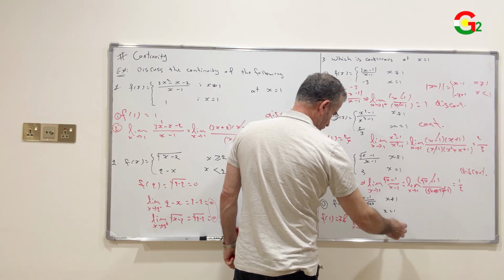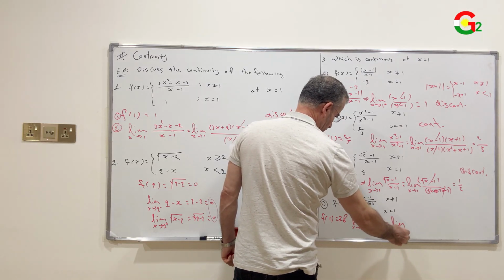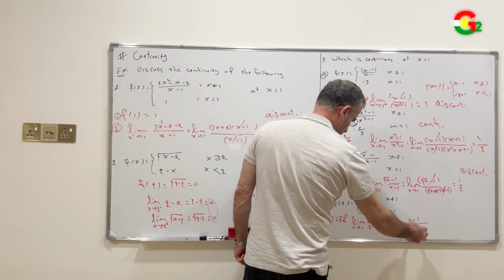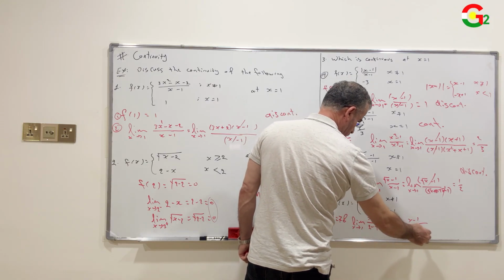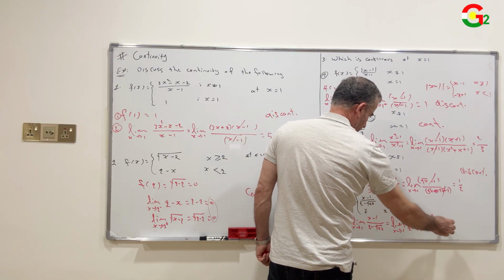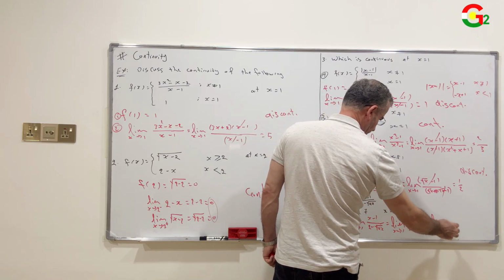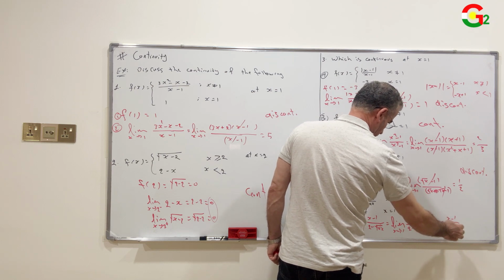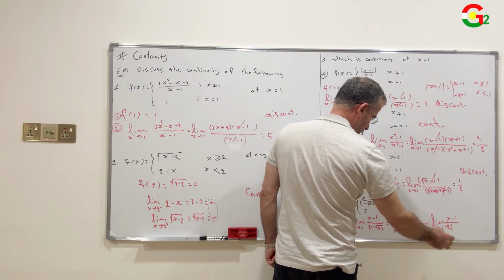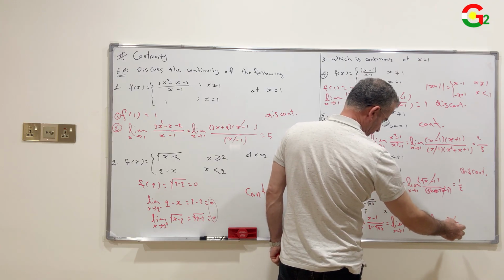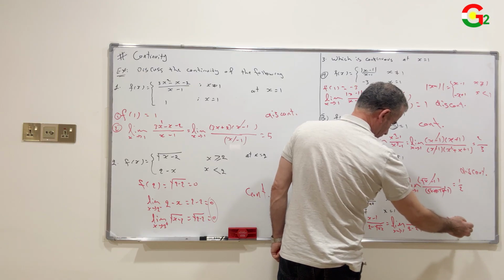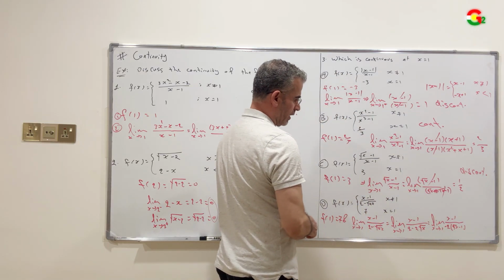Then I'll need to simplify this function. 2 − √(4x) is 2 − 2√x. Factorize the denominator by 2, then 1 minus √x, or −2 times (√x − 1).